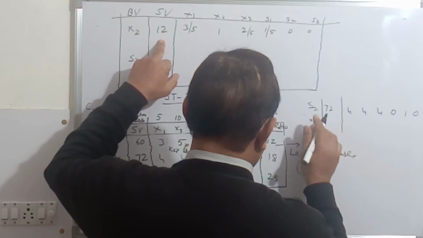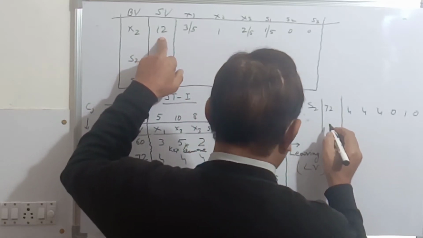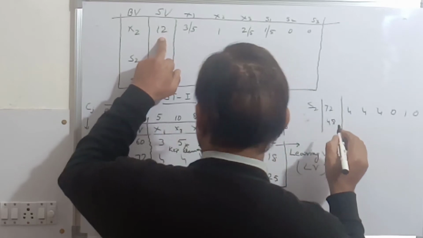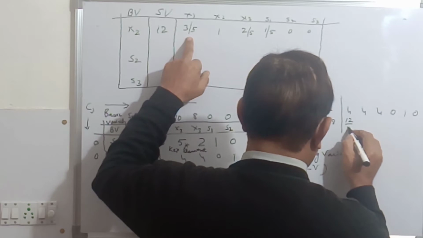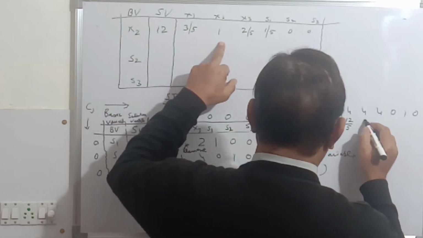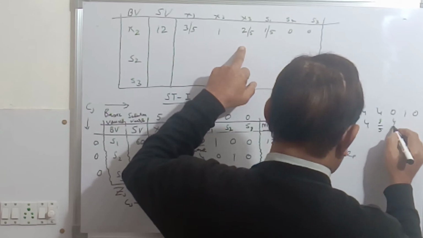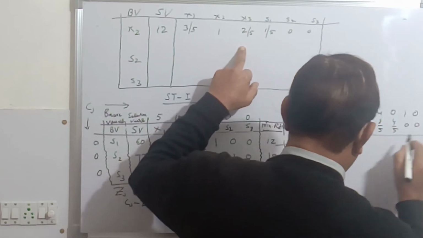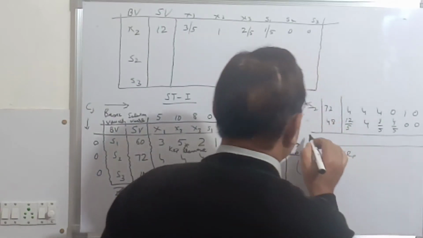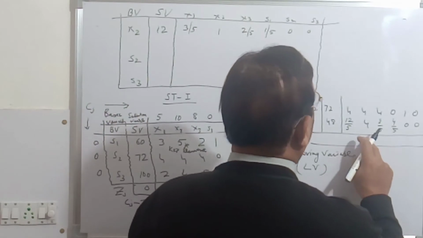X2 row. 12 into 4, 48. 12 by 5, 4, 8 by 5, 4 by 5, 0, 0. No, subtract, because we want 0 over here.